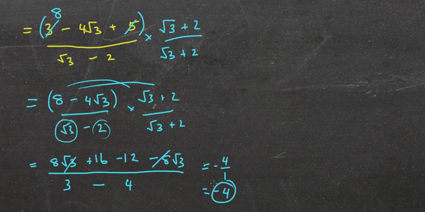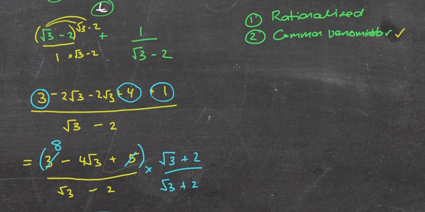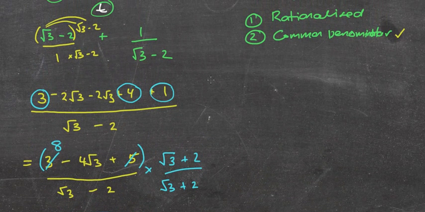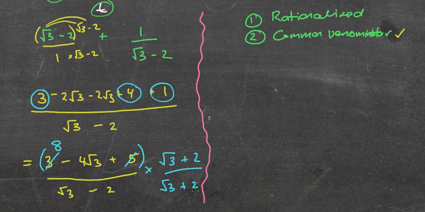Now, remember I said whenever you do a question like this, you need to simplify by rationalizing and finding a common denominator. Now, I know that's the way I showed you initially. When I used to do this, I probably didn't follow this main rule, and I reckon you probably should. I always rationalize first. Okay, it can get you out of hot water on some of the more challenging questions.